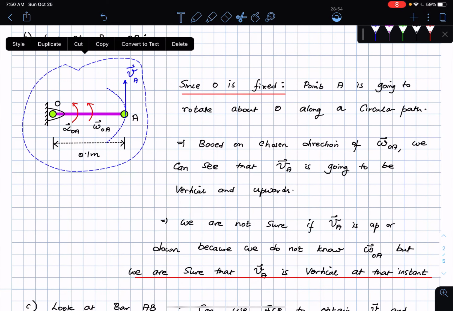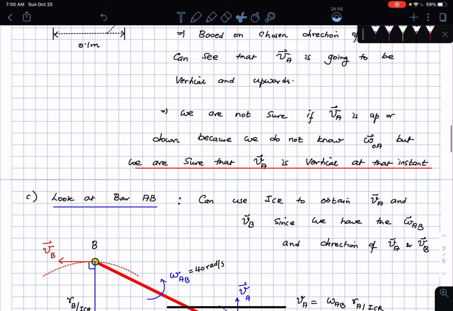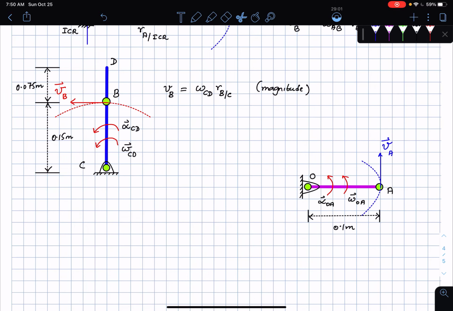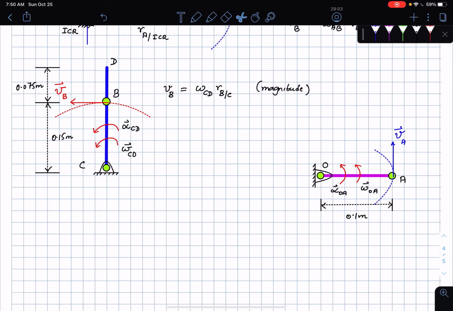You can also see that the direction of VA is pointing up, and the value of VA can be easily given to us as well. VA is going to be omega OA times the length from O to A, which is R A slash O. This is once again the magnitude.